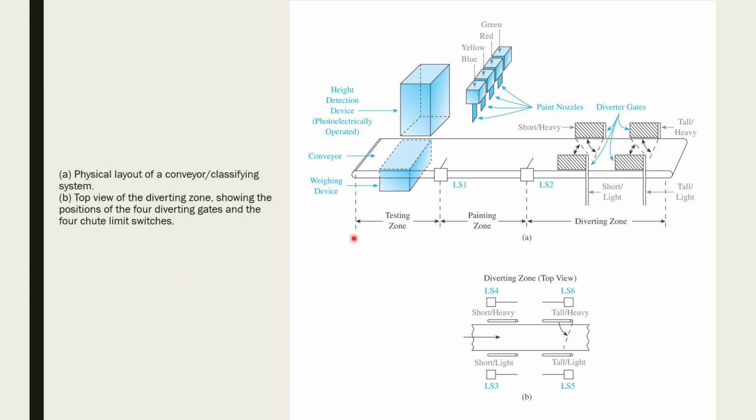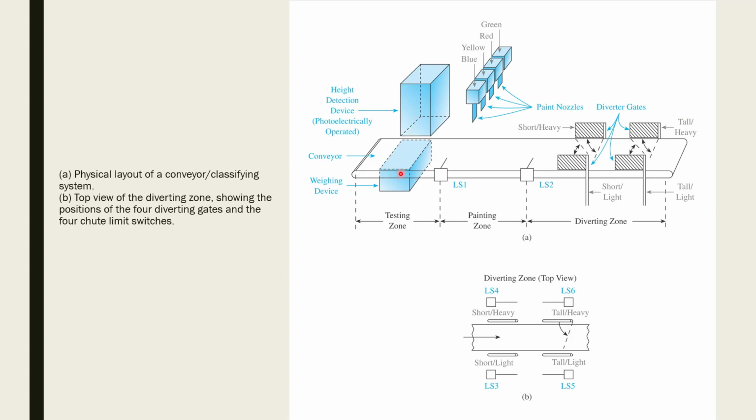Now, notice that I have different zones here. A testing zone, a painting zone, and a diverting zone. So as the piece is placed on the conveyor, it is tested. It's tested for what? It's tested for weight to see if it's light or heavy, and it's tested for height to see if it's short or tall.